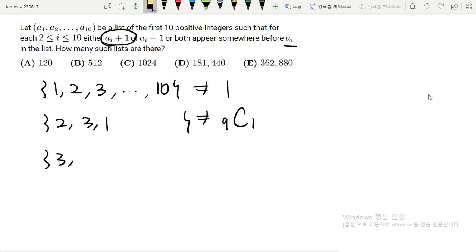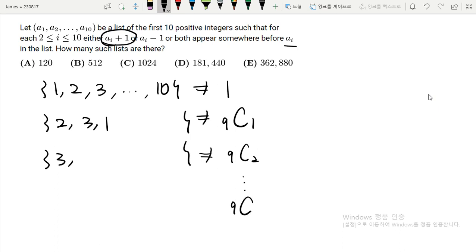In such a case, AI plus 1 appears before AI. So there are choices for 1 and 2. So it's like 9C2. If this pattern continues, the last choice will be 9C9, and the first one is like 9C0.